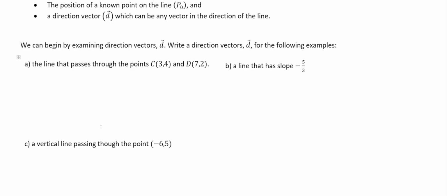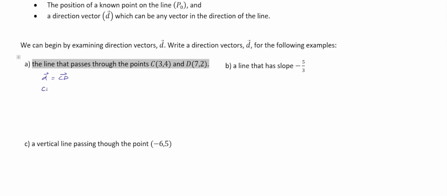Write a direction vector D for the following example: the line that passes through points 3, 4, and 7, 2. If I want a vector that passes through those points, that will give me the direction of the line. So the direction vector in this case is going to be equal to vector CD.